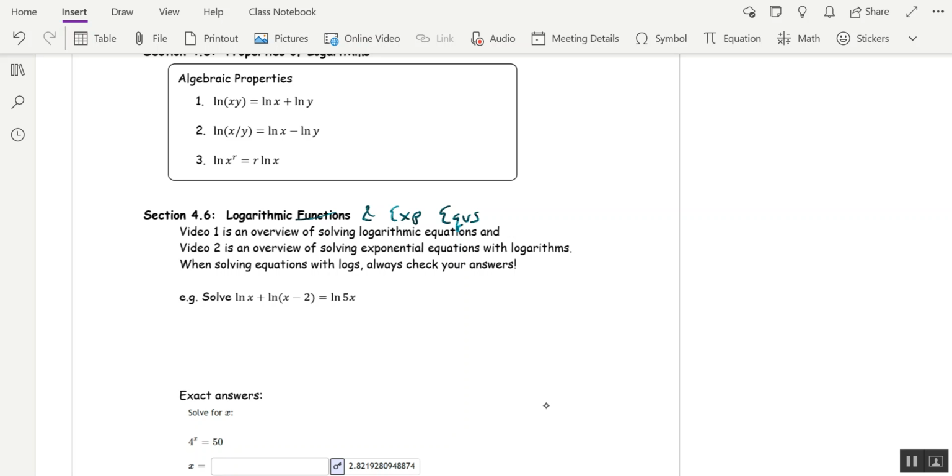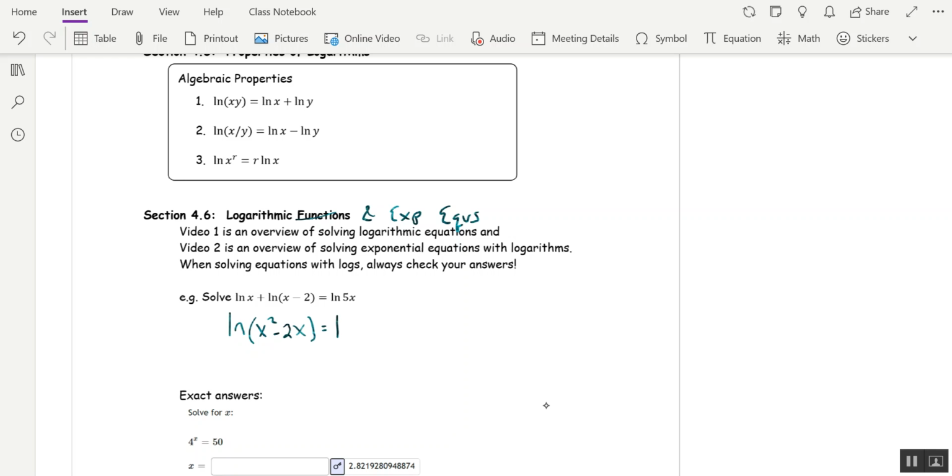So the first thing we're going to do here, and in video 1, there's some guidelines for solving equations that have logs. And the first thing is to combine logs if there are two logarithms on one side. So using properties of logs, this is ln, a single log, of the product of x and x minus 2, which is x squared minus 2x.